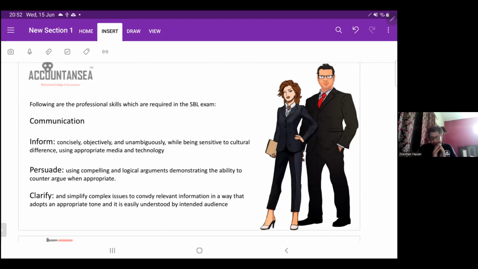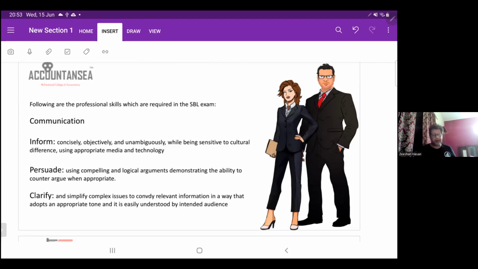You should be very careful about the cultural differences in which the organization in the scenario is operating, right? You should use appropriate media and technology. Sometimes the examiner will ask you to write an email.